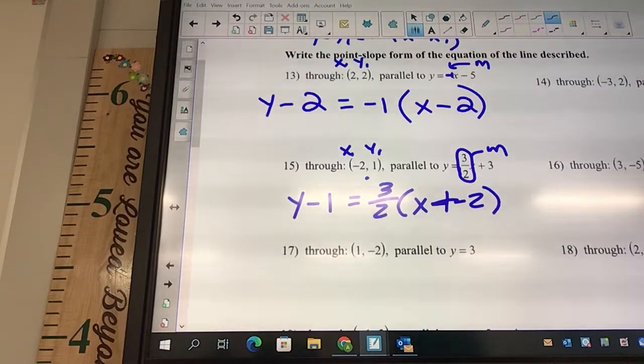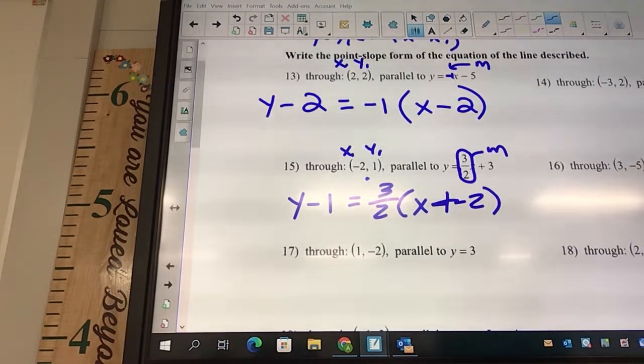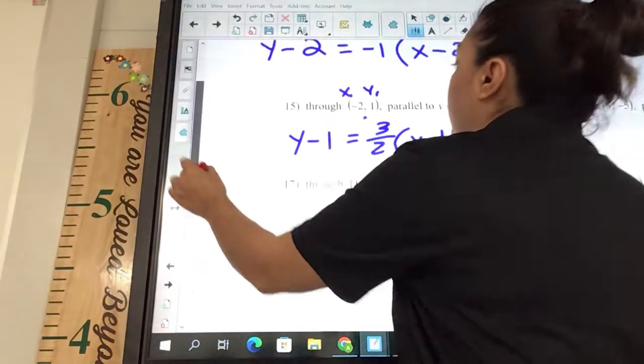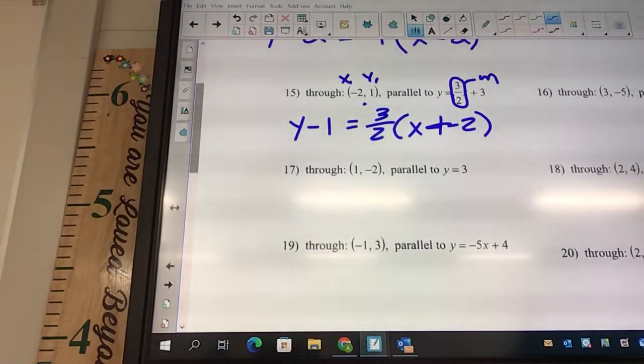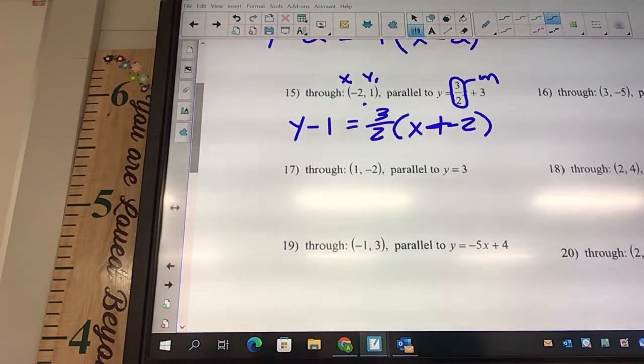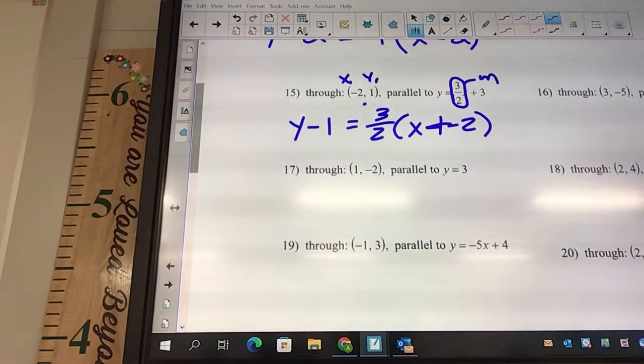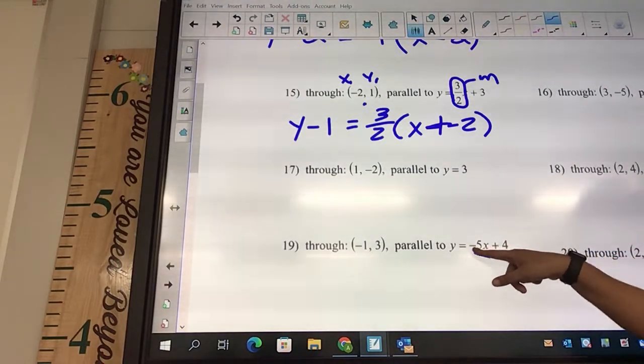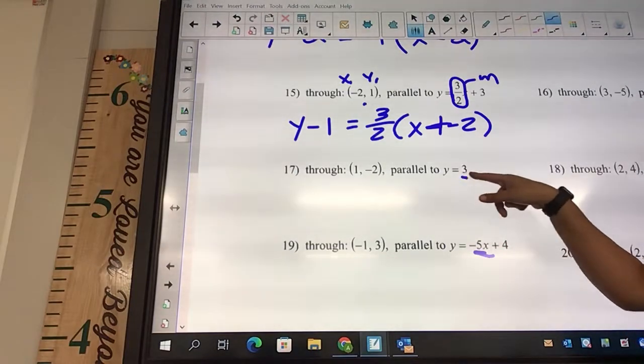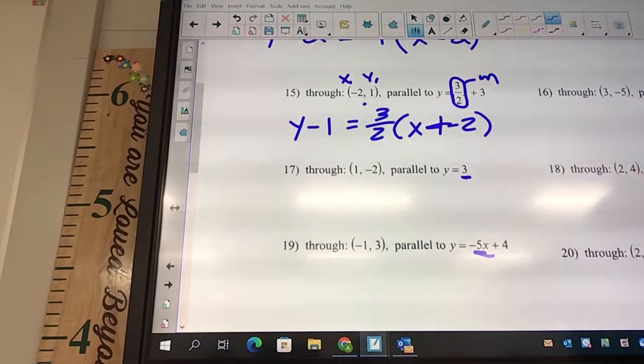What is our slope for 17? Is it 3 or not? No, it's not. If there's no slope there, and how you can tell is there's always a number with the x. So this part has the x, that means that's our slope. The number by itself is really the y-intercept.